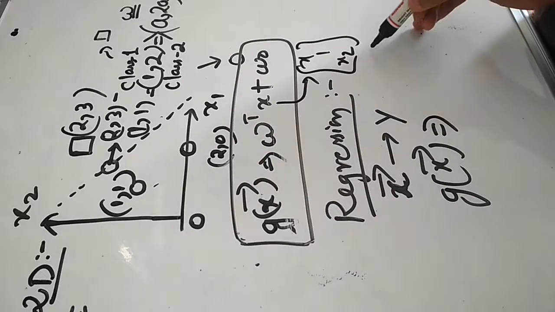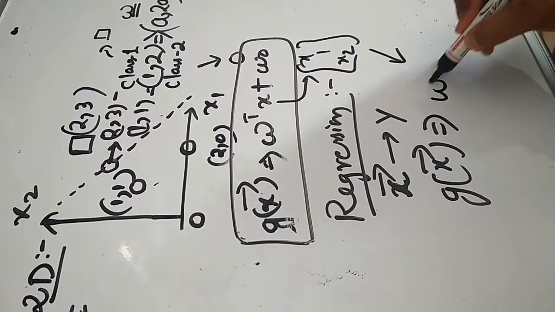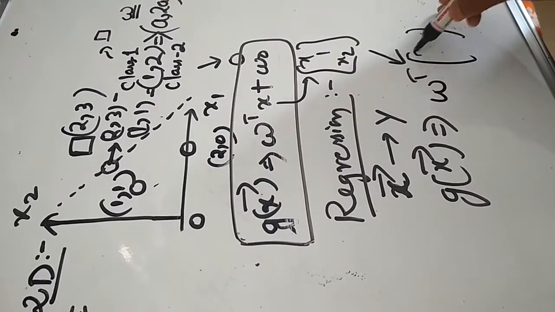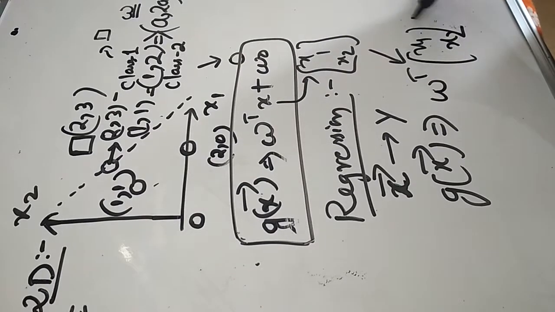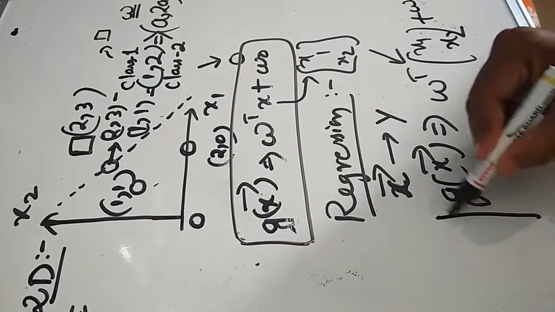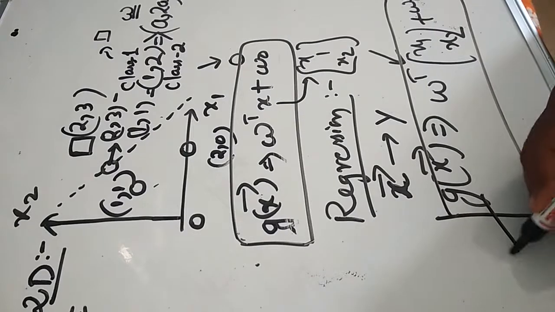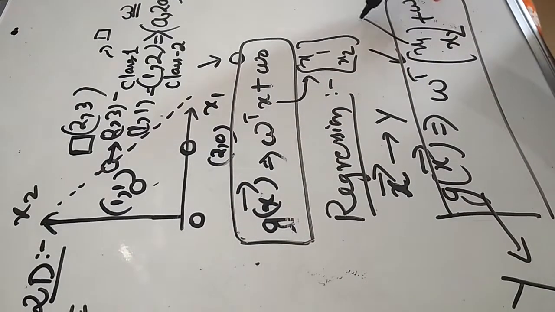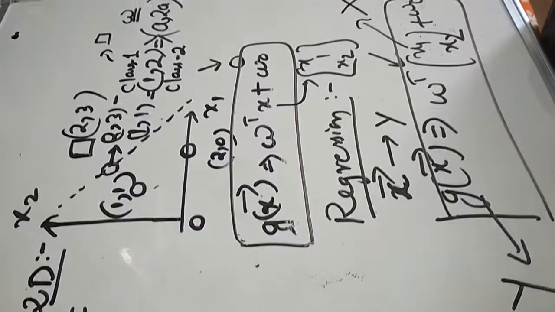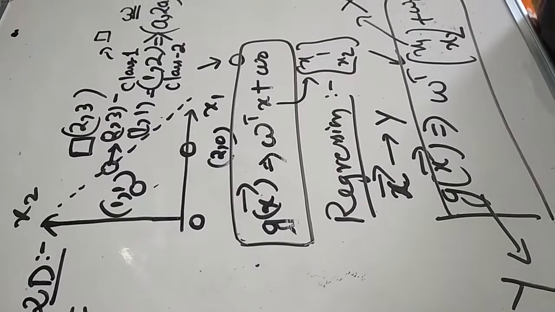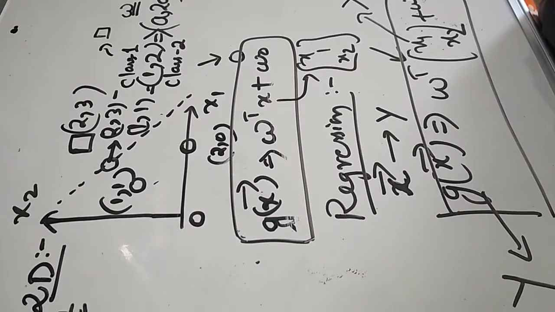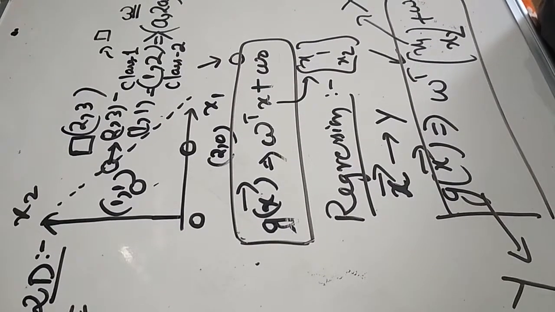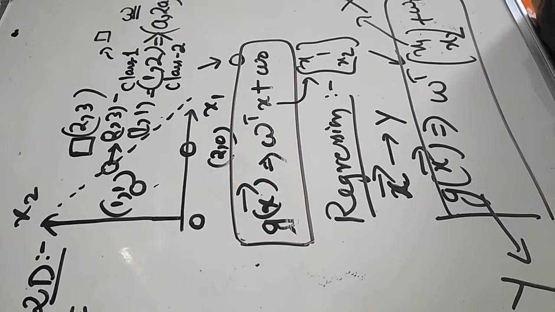If we use this in the equation wt x plus w0, then we are finding the response y from x. So here we are getting a relation between them to find the line. So this is called regression in SVM.